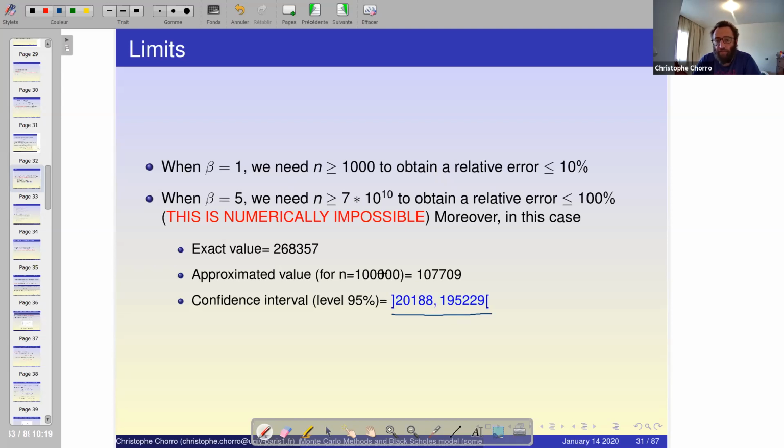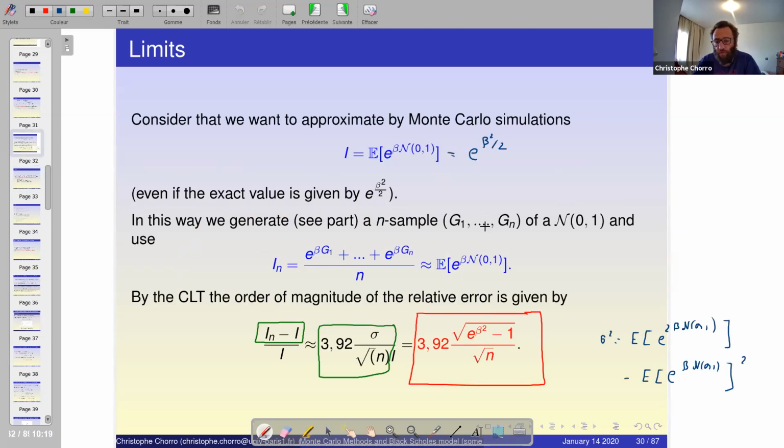And where is it coming from? Of course, it comes from the example I have taken, in the sense that here the sigma, this quantity that I am able to compute explicitly, becomes very big because it is related to an exponential.